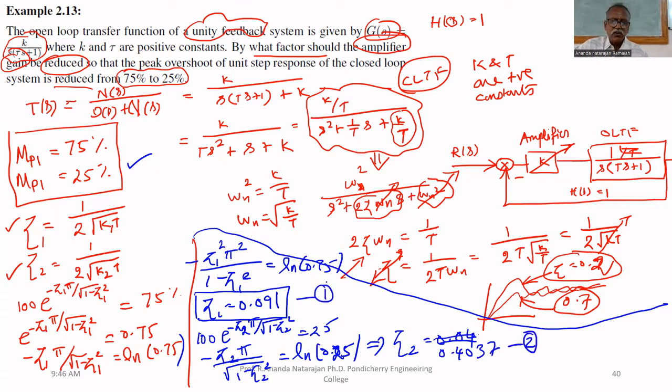First we got zeta 1 equal to 0.091, and zeta 2 equal to 0.4037. What is the relation between K1 and K2 we have to find.